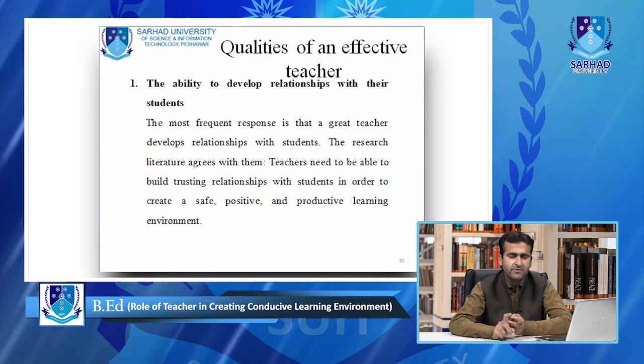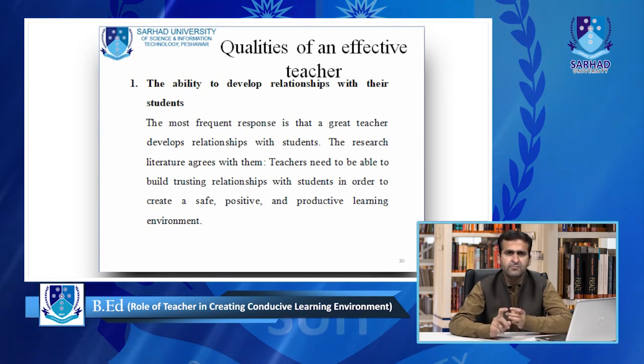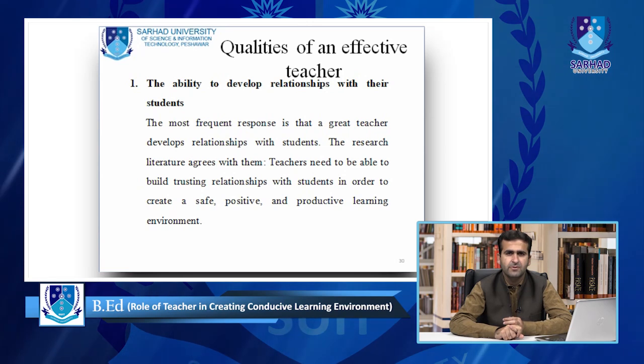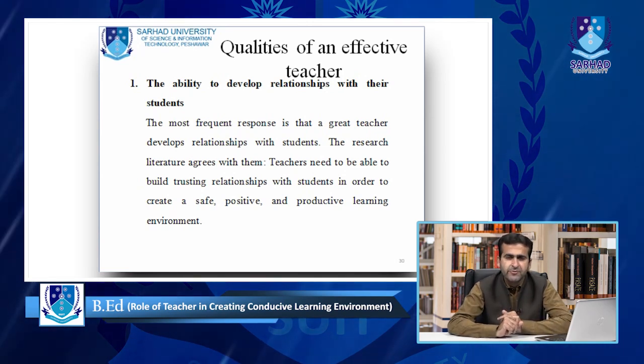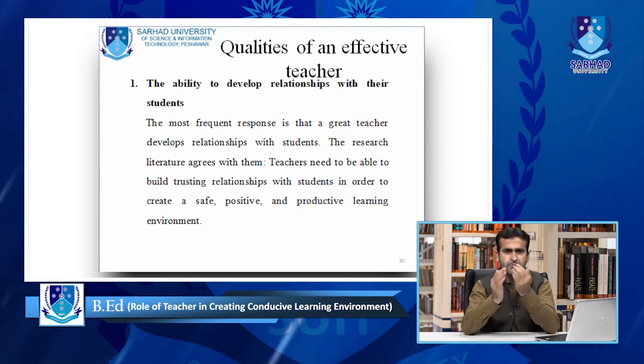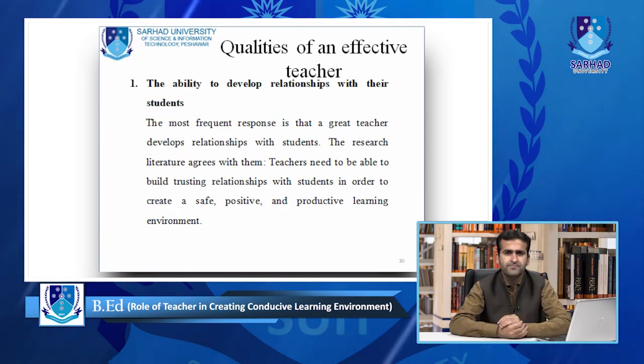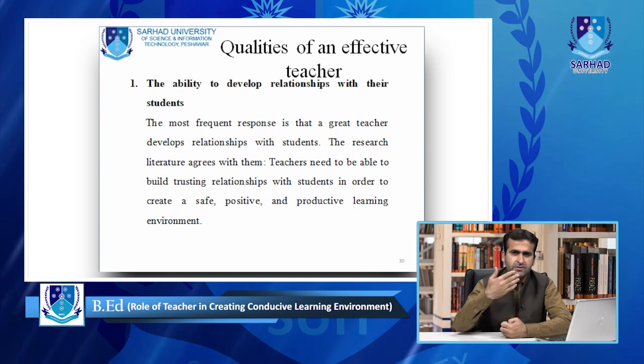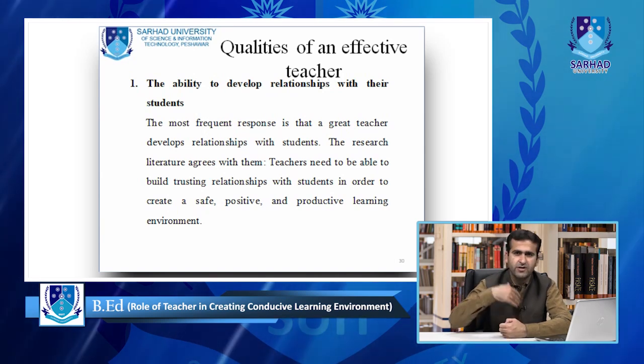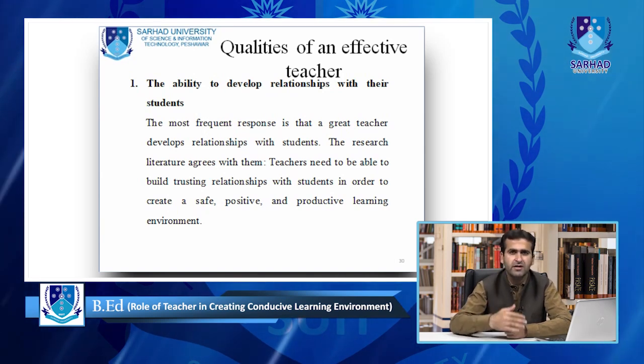Which type of relationship? Friendly relationship, professional relationship, a relationship which is free from any kinds of biases, a relation in which there is an open communication of ideas, an environment where the students feel free to discuss whatever they have in their hearts, whatever they have in their minds.